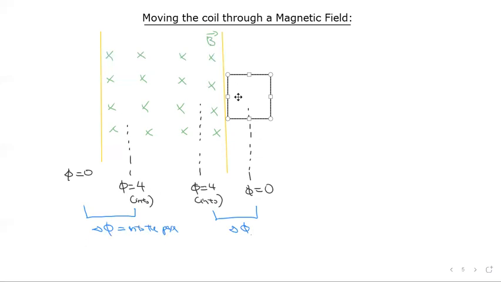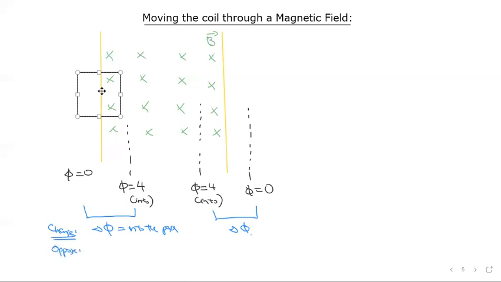So let's just focus on this starting point for now. You've got from nothing to into the page. Now remember, this is the change. The change is going into the page. And Lenz's law says it doesn't like change, so it will oppose it. So to oppose into the page, it needs to create out of the page.